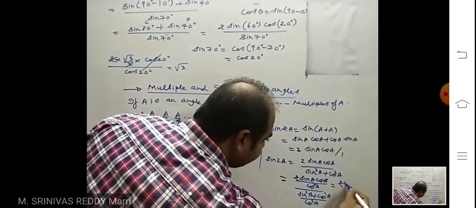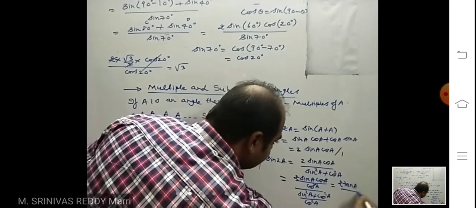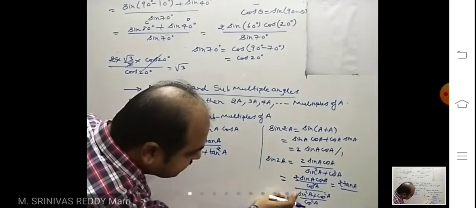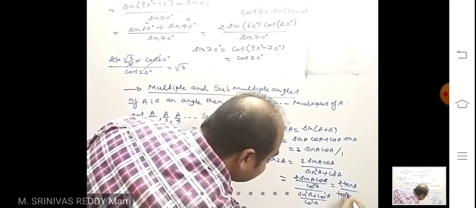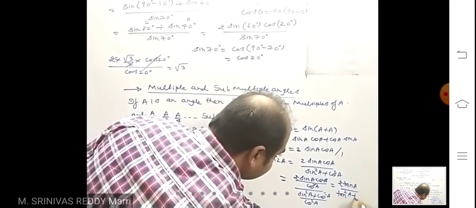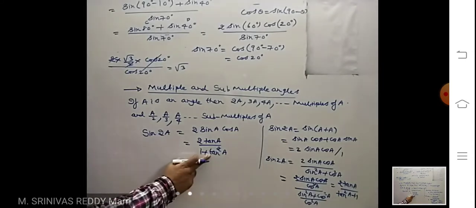So the numerator will be 2 tan A, divided by, split this, sine square A by cos square A, this is tan square A, plus 1. This is another formula.